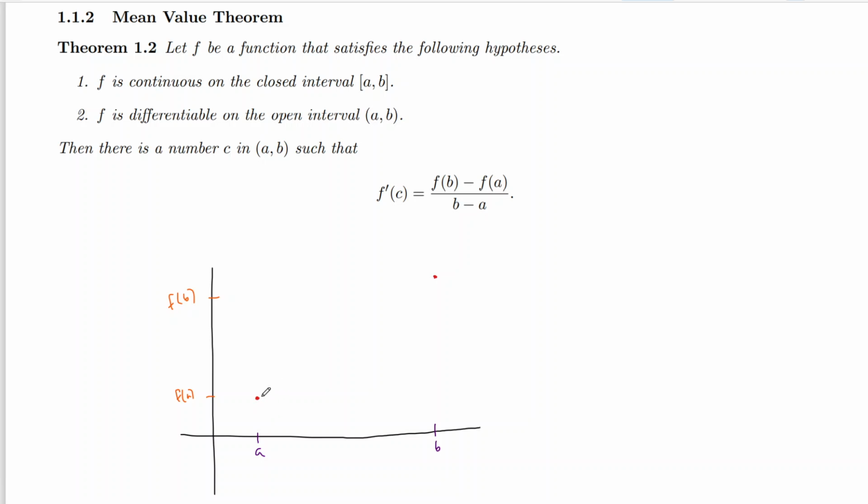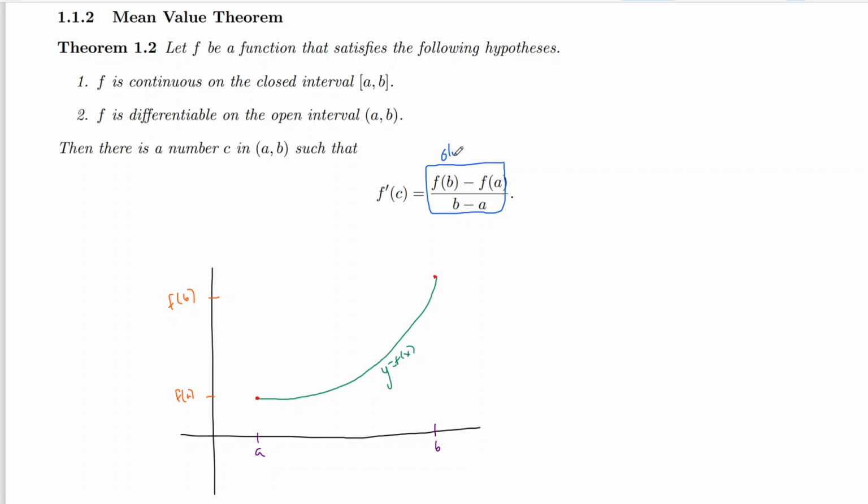Just to make it easier to see the picture, I'm going to draw this one less scattered and more straightforward. So let's say our function looks like this. This is y equals f of x. Well, one thing you want to notice is that what this number represents over here, f of b minus f of a over b minus a, is just like y2 minus y1 over x2 minus x1.